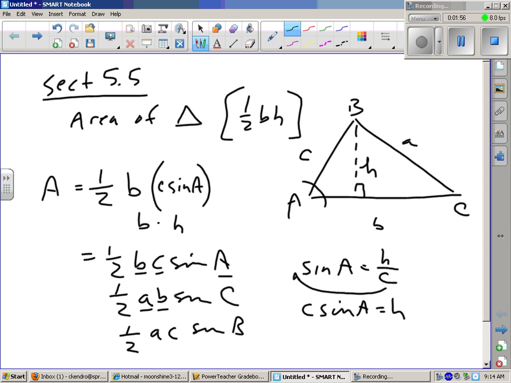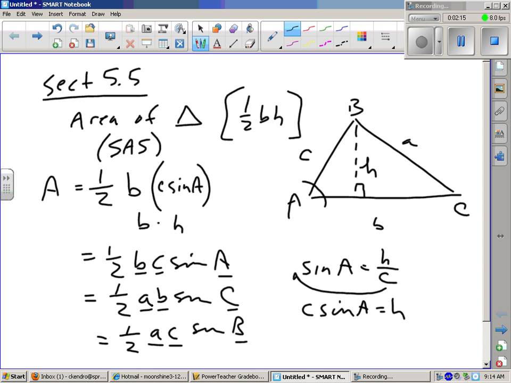And you have two sides and an angle. And you could say it's used in side angle side triangles.